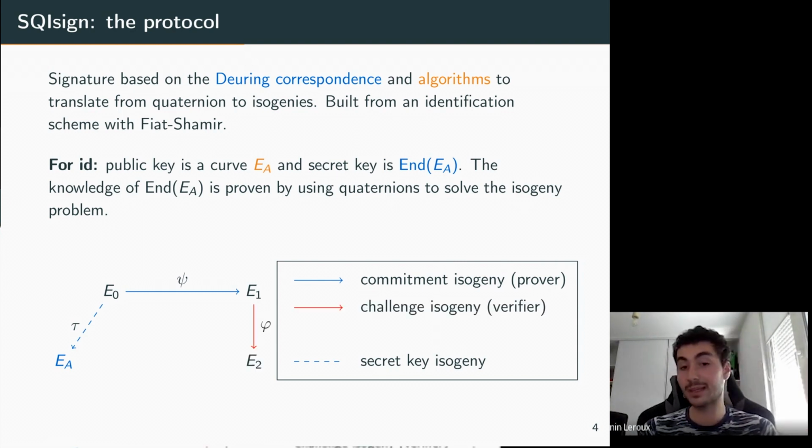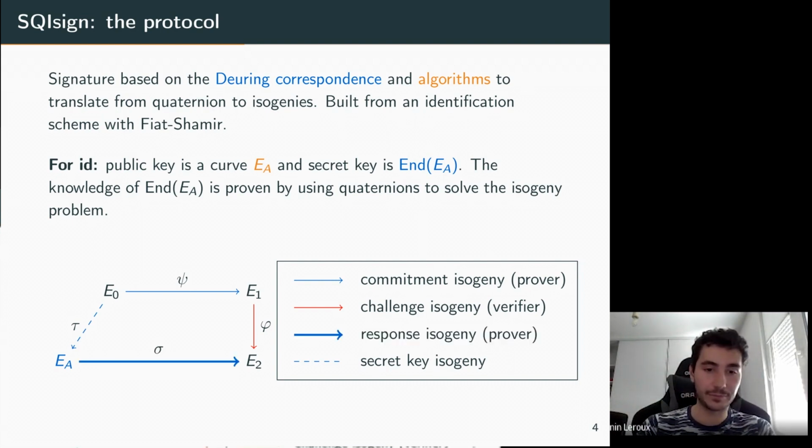Then the verifier generates a challenge isogeny that he sends to the prover. Here we have the setup for our instance of the isogeny problem. The goal of the prover is to find a path between EA and E2. This is the computation of the response isogeny, which is the most complicated part of the signature scheme. This part really involves all the quaternion stuff and Deuring correspondence algorithms.